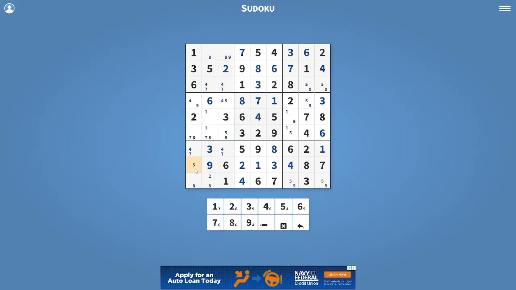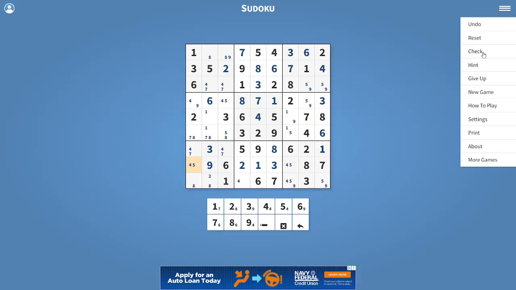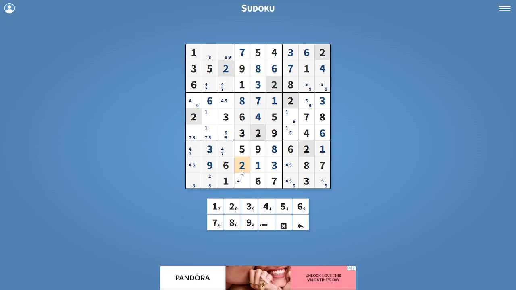No, it's not 5. So this has to be 4. What is going on? 2 and 9 are messed up. I was wrong again. What are we missing? 2 and 4.